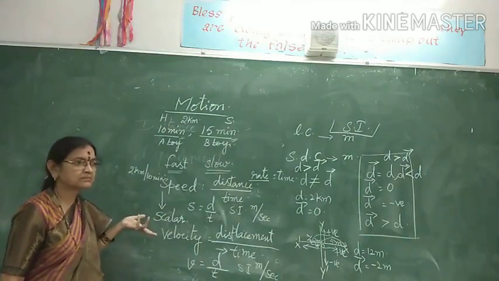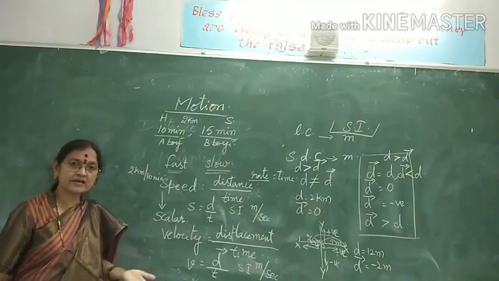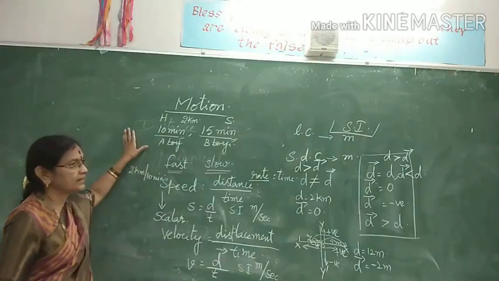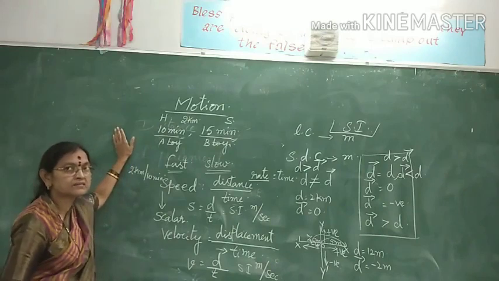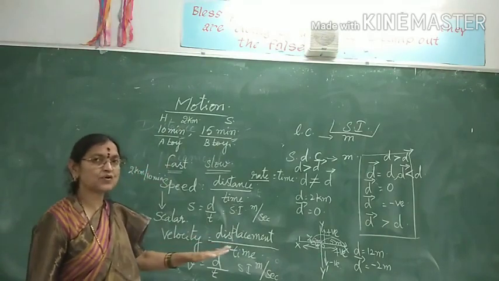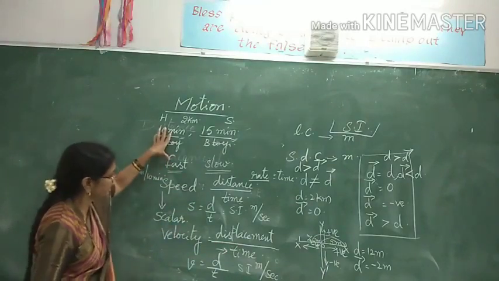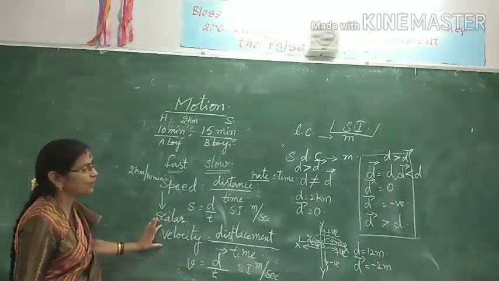It is moving because it is changing its surroundings. So that measurement you are saying from displacement and distance. Now, whether the body is moving fast or slow, we describe with two more terms. They are speed and velocity.